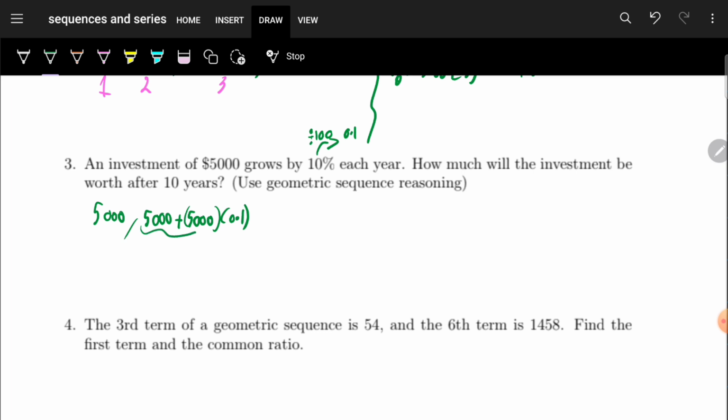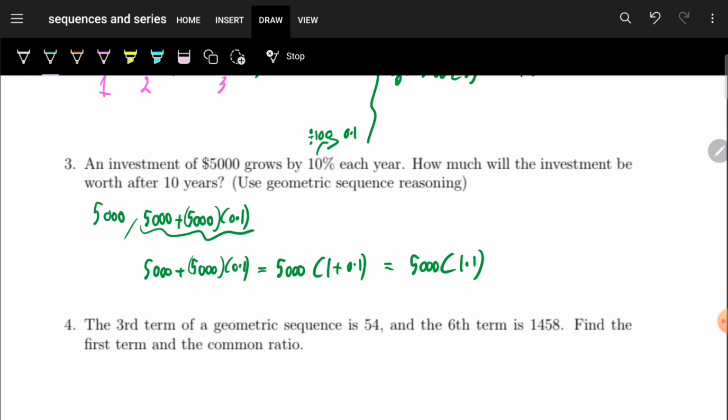Okay, so what is 5,000 plus 5,000 times 0.1? Again, the reason we have this is we have our original money and the interest, right? The profit of 10%. So if we take this and factor out 5,000, we get 1 plus 0.1, which is equal to 5,000 times 1.1.